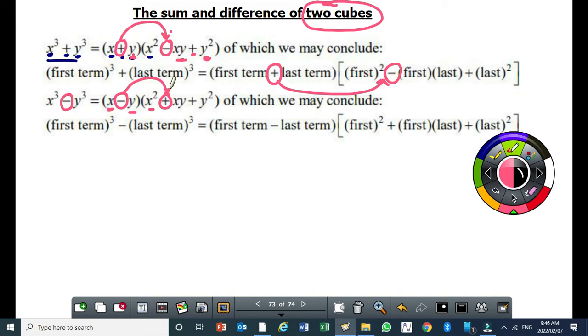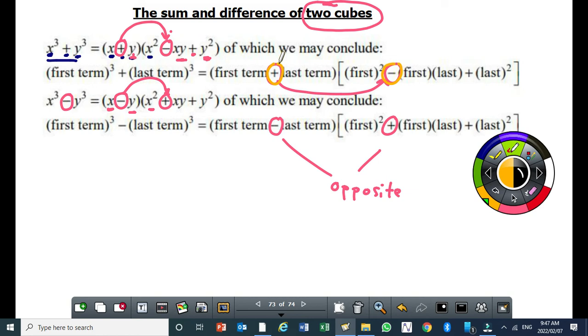The third term will be the last term squared. So make sure you remember this, what I'm indicating. These signs must be opposites, always. Opposite signs. Remember that they must be opposites. I also indicated here as well. Be very careful of that.